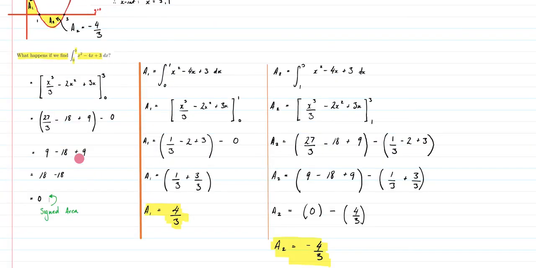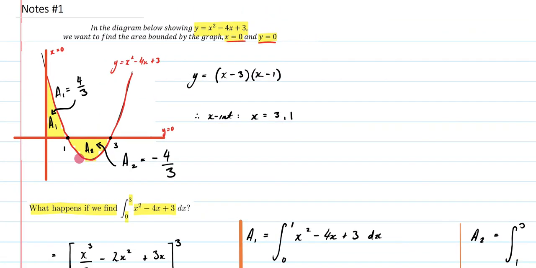So if I was to come over here for a moment, and let me write it up here. Most of the time, we're after the total area, and questions are going to ask you to find the total area bounded by certain things. To find the total area, what you're going to do is say A1 minus A2.